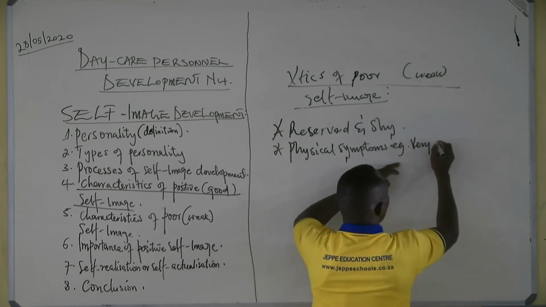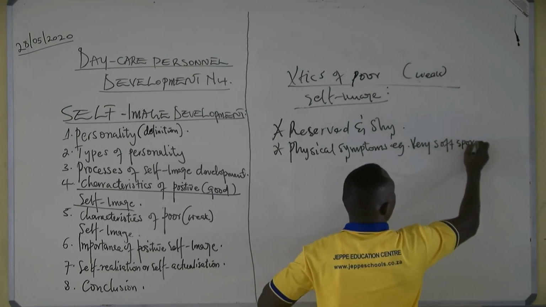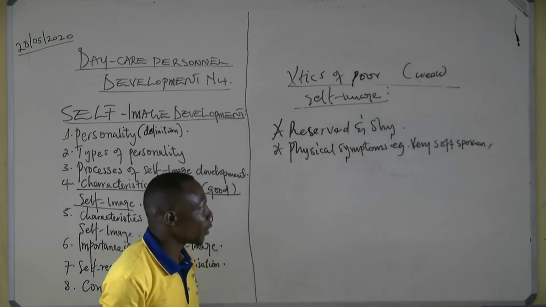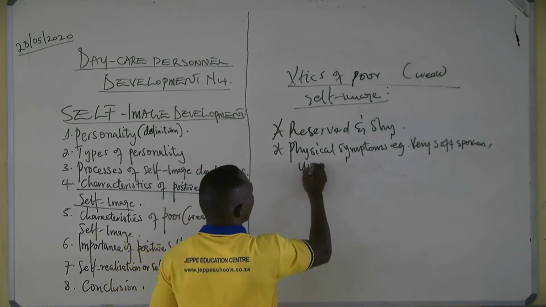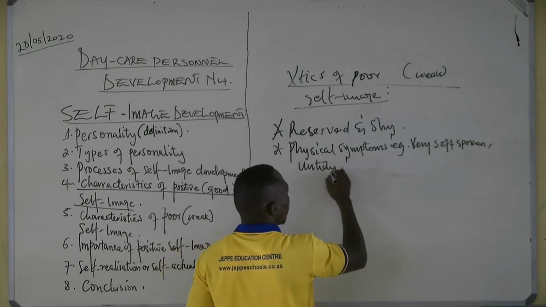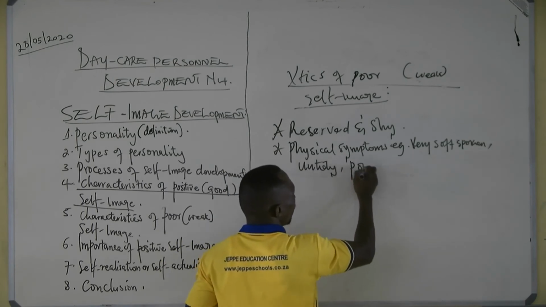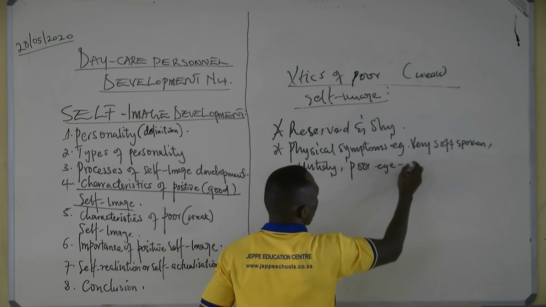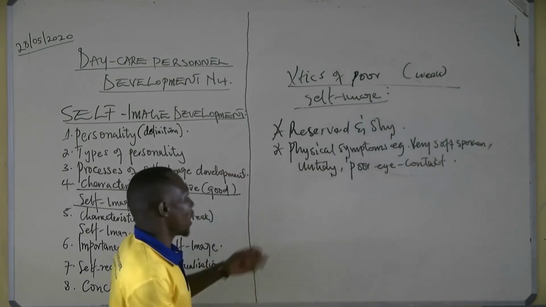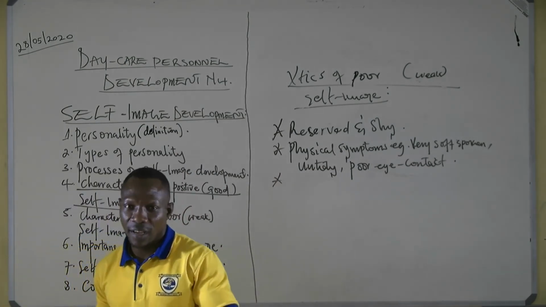Among which, for example, this person is seen to be very soft-spoken. That's one. Then two, among the physical symptoms, this person is always seen untidy, and this person is always seen also having a problem of what we call poor eye contact.